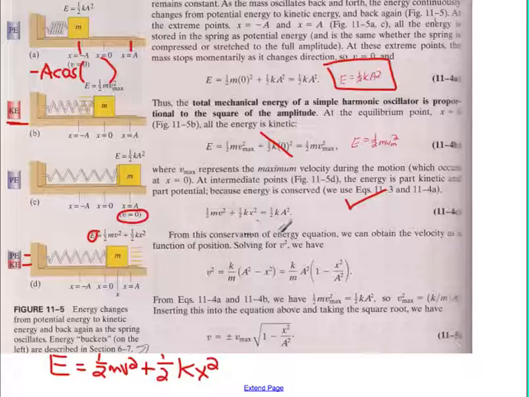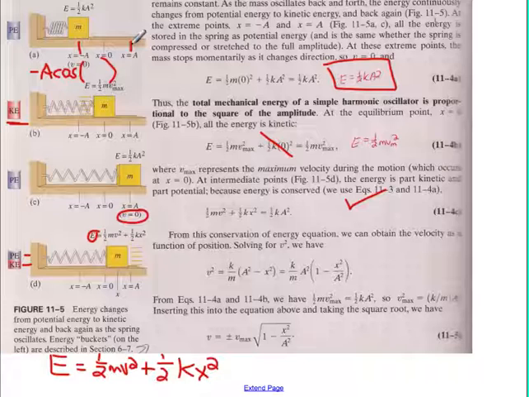Well, from this, let's see. I think they're saying up here that the total energy is, you can think of it as the entire kinetic energy or the entire potential energy. So here's the total energy right here, and they picked the expression for when it's all potential, because you can see that the total energy is conserved.